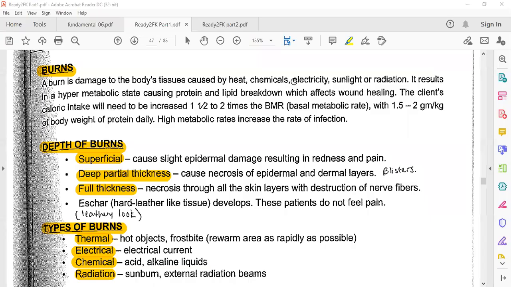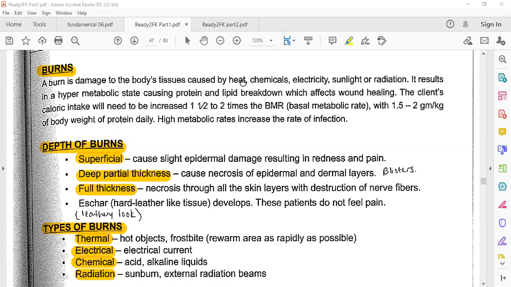Here we are going to focus on burns. First of all, a burn is damage to the body tissue caused by heat, chemicals, electricity, sunlight, or radiation.